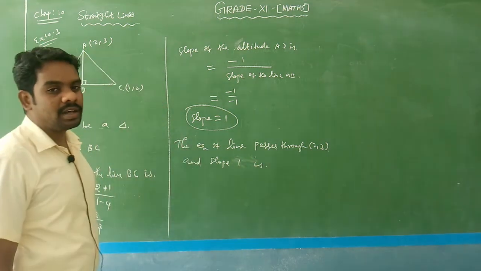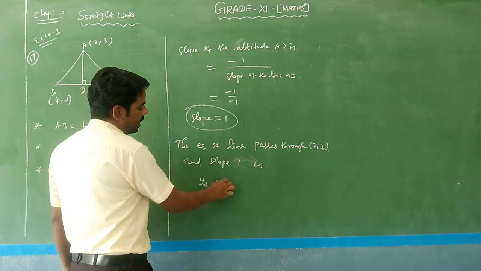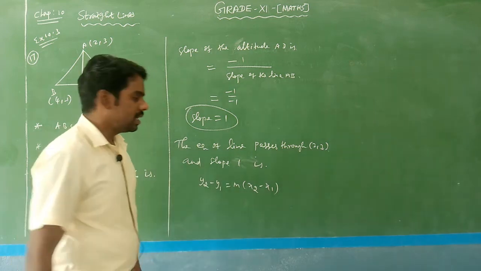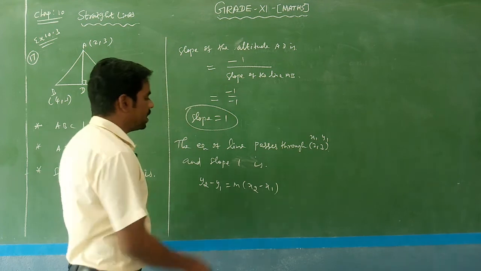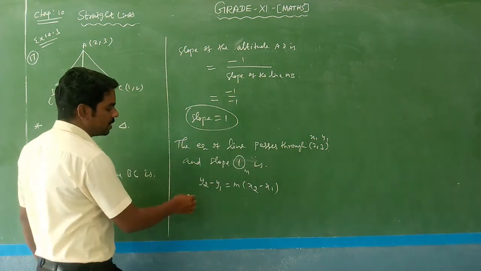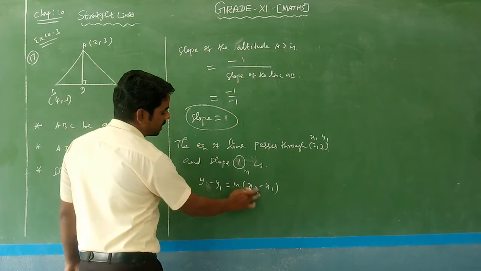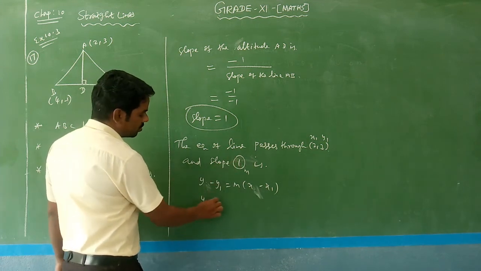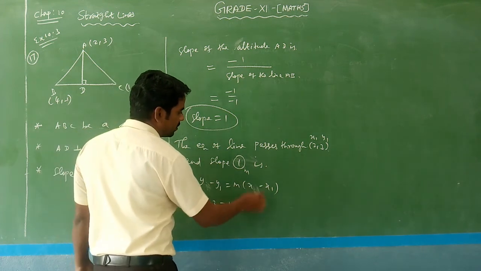You know the formula: y minus y1 is equal to m into x minus x1. Here (2, 3) is x1, y1 and the slope is m. So substitute these values: y minus y1 is equal to m into x minus x1. So the y1 value is 3, the m value is 1, into x minus the x1 value, 2.